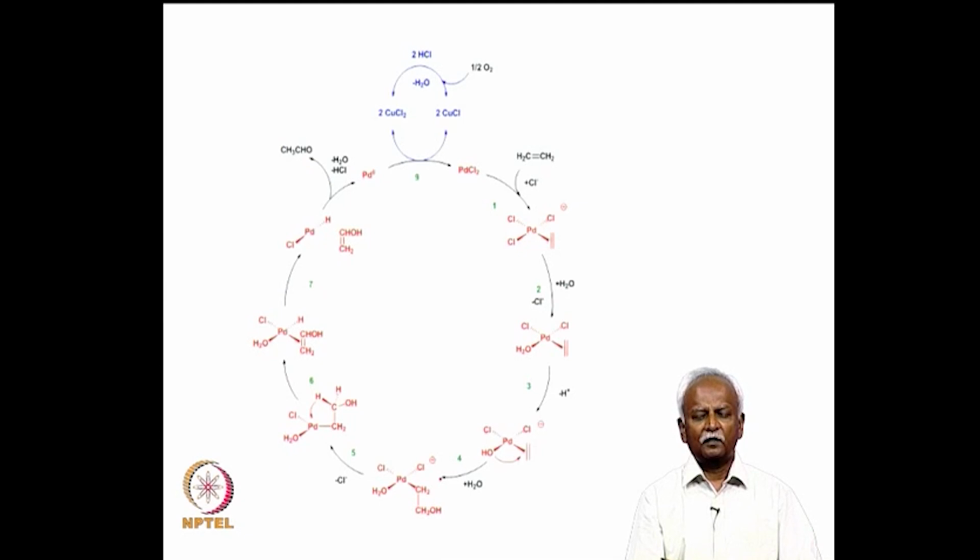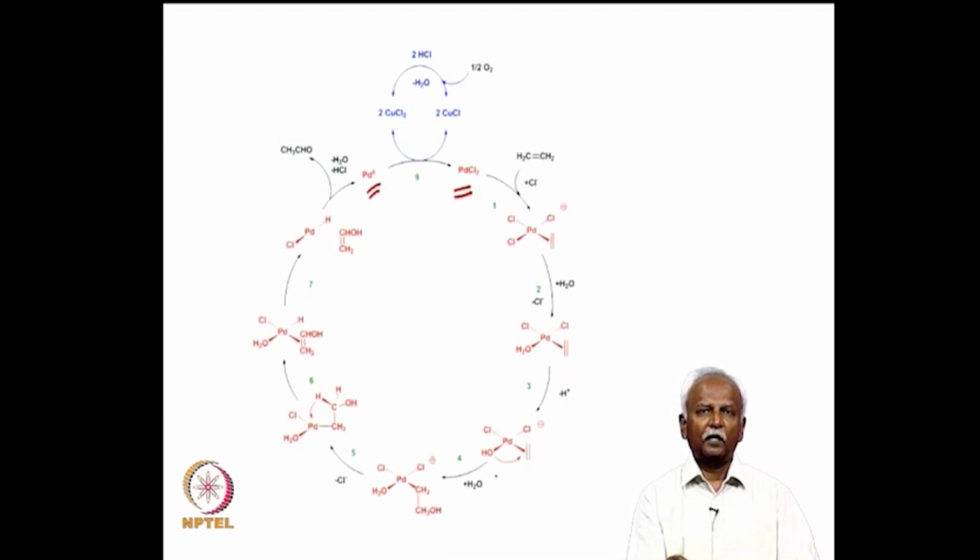Now, let us put all these things together and look at the full catalytic cycle, which is there in front of you. As I told you, the palladium 0 is oxidized to palladium 2 plus, and the coordination of an olefin gives you an intermediate which can undergo a migratory insertion of a water molecule or an OH group, depending on the pH of the medium.